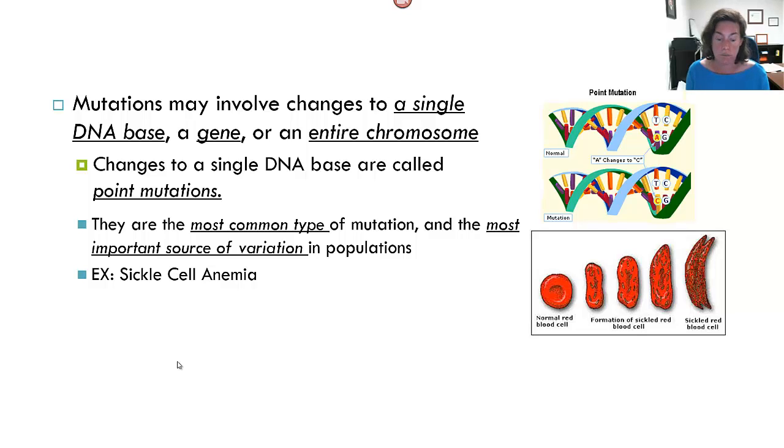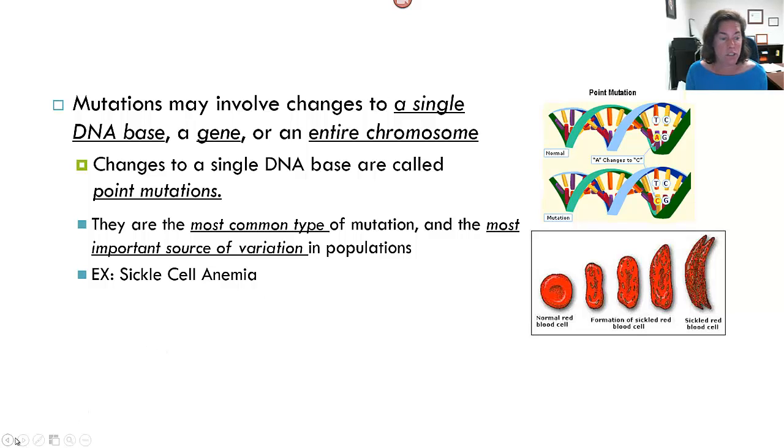Hemoglobin has 146 amino acids, and 145 are exactly like the normal ones in individuals who have sickle cell anemia. So they have one amino acid that is different in sickle cell anemia than they do in normal hemoglobin. This type of change, as I said, is referred to as a point mutation.